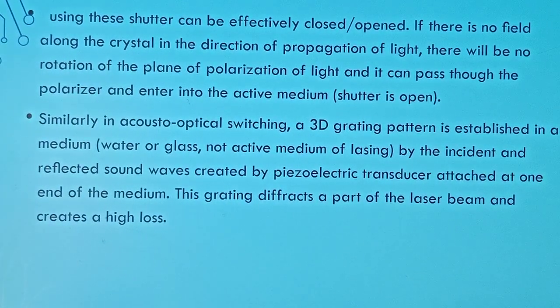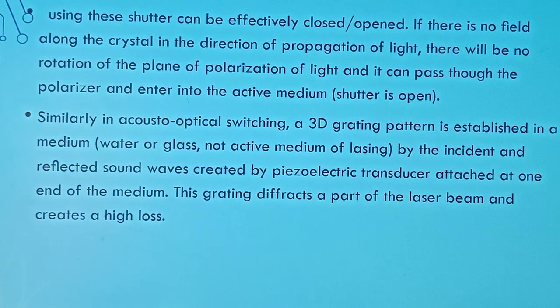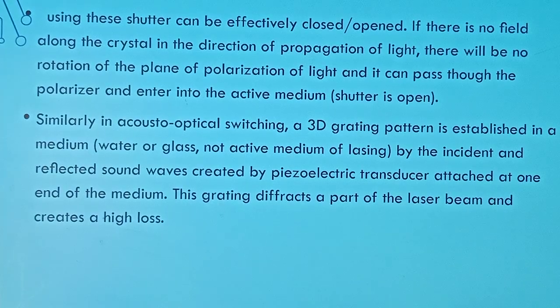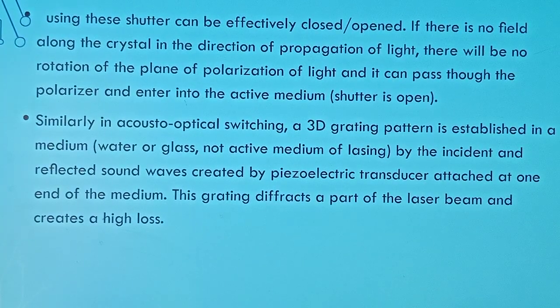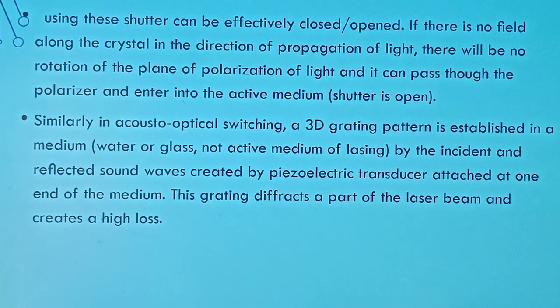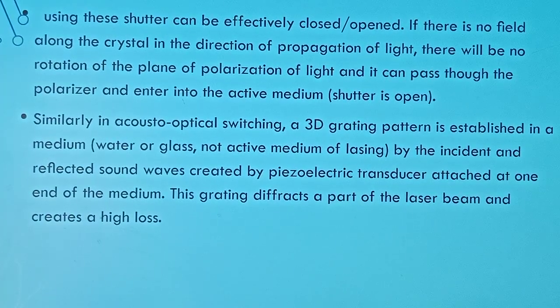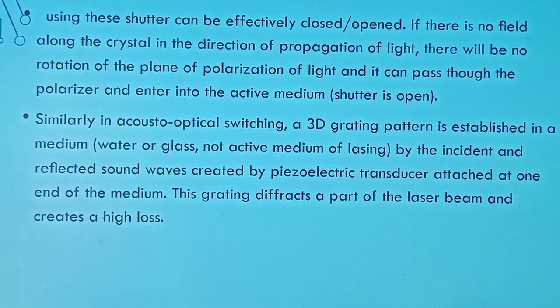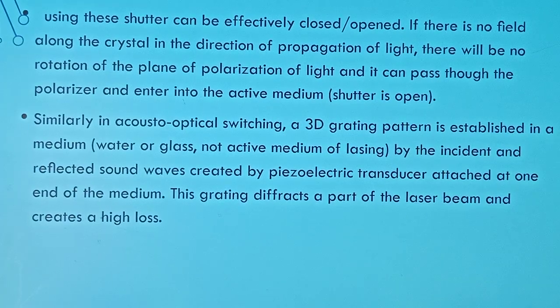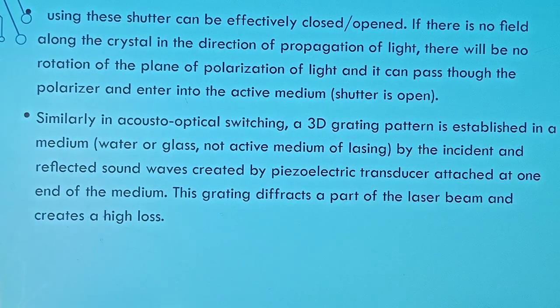In the electro-optical modulator, we use a Pockels cell. In this cell, we just switch on the cell, apply some electric field. In the cell there is a crystal. This crystal becomes birefringent.